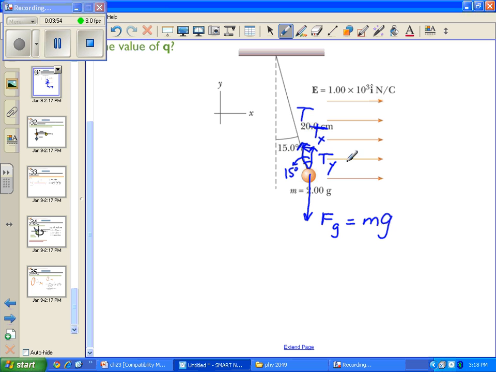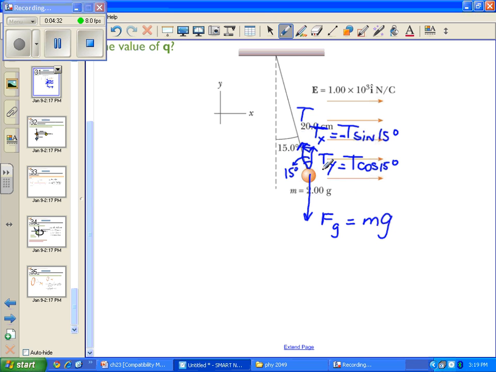So now we can go ahead and write the component expressions for the tension T, because Ty is adjacent to the angle, we get Ty is T cosine of 15, Tx is T sine of 15 degrees. And notice that it's directed along the negative x direction. So we better have a negative sign there to indicate that this is so.